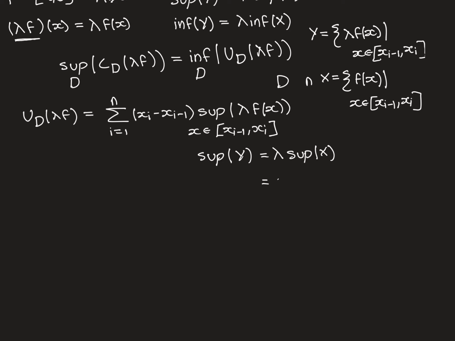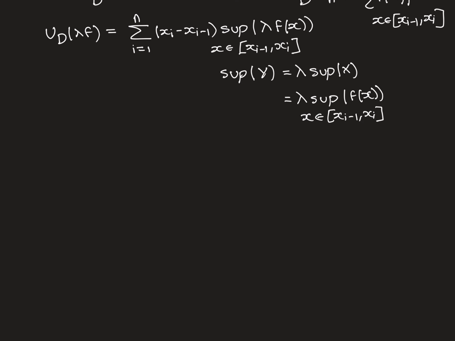So this is just going to be lambda times the supremum of the value of f of x, where x is allowed to vary over that interval x_{i-1} to x_i. So we're just converting between notations here. This means this, and then it's equal to lambda times this, which then writing it back in this notation is this. So let's put this together.